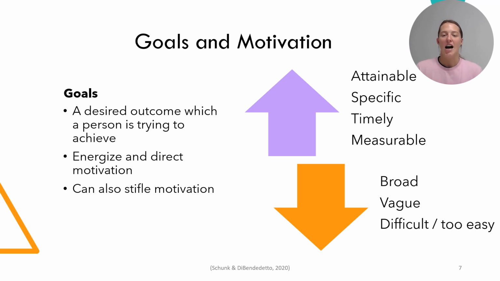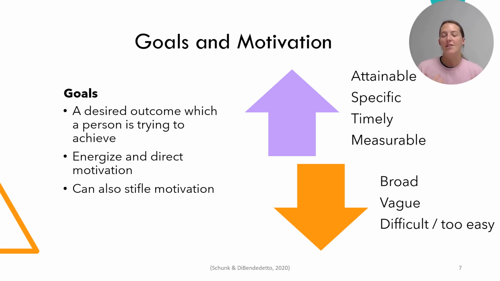So a goal may spark, oh, I want to achieve this, I want to head in this direction. However, you may not get there, like the motivation may still lack. And this is because of how you set goals. So if you set a goal that's attainable, specific, timely, and measurable, your motivation to achieve that goal is going to increase.